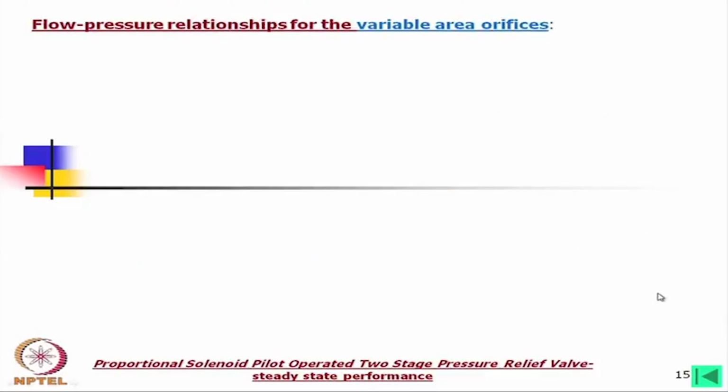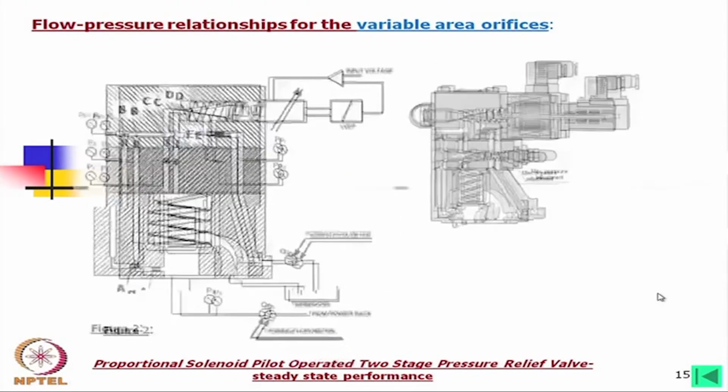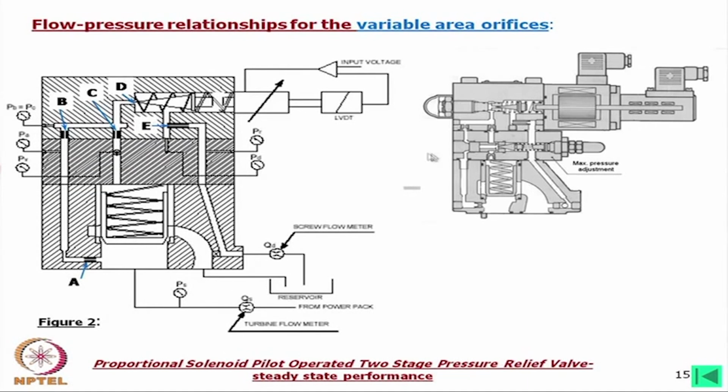Now, we shall consider the variable area orifices. Now, in this I am showing this value. So, variable area means here D and the main spool. Okay. So, D is the pilot stage and this is the main stage. But if you look into this construction, here this angle is much higher than this angle.